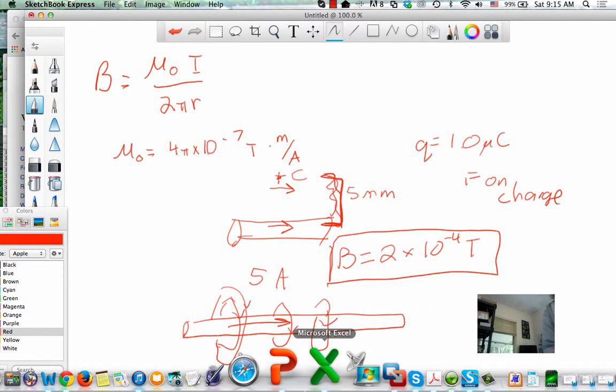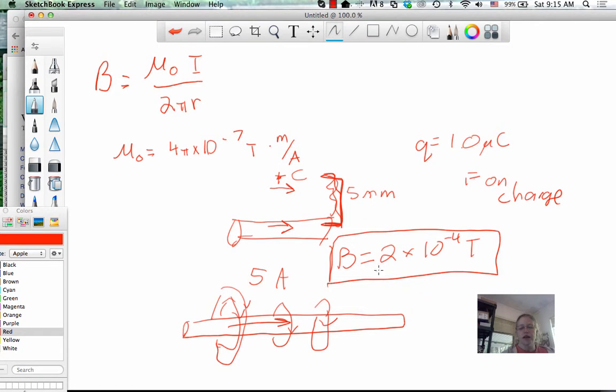So do it like you're in your page, you've got your current carrying wire, and then you curl, so it's coming out of the page. So at point C, we now know that our field has magnitude 2 times 10 to the negative 4th, and the magnetic field is coming out of the page, right there.